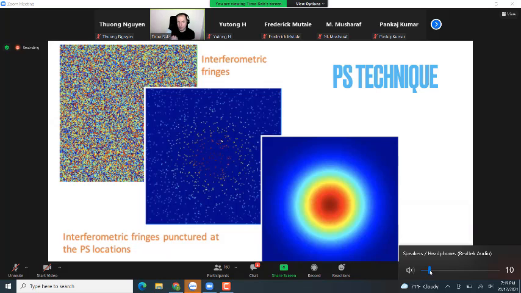So a PS is a point scatterer, defined as having only one strong scatterer per resolution cell. There may be more scatterers, but this one is dominating. Its backscattering is so strong that if there are other small objects in the resolution cell, it doesn't matter. The signal will be dominated by that one scatterer.